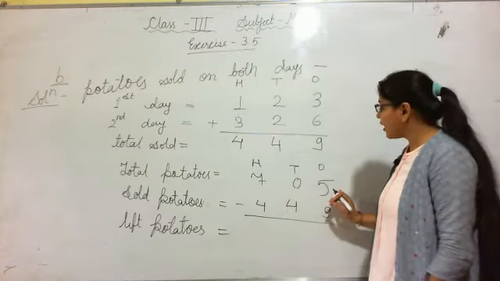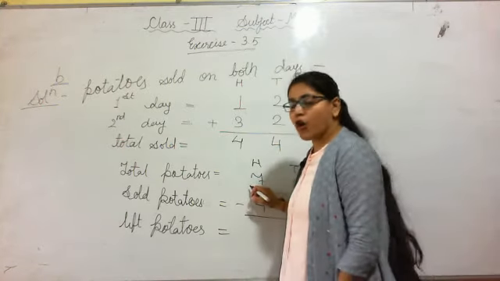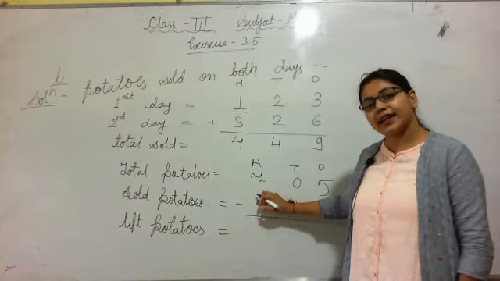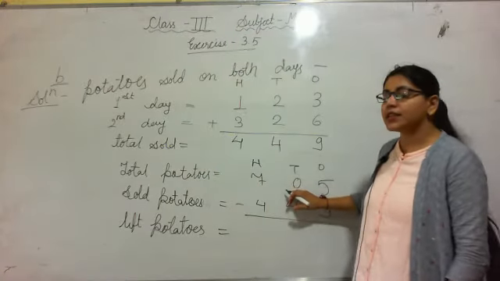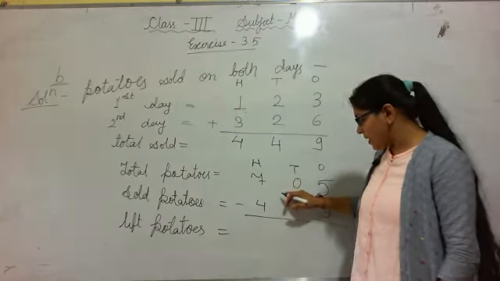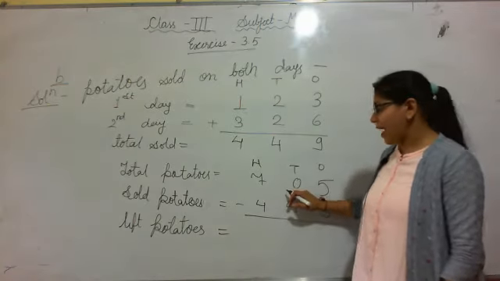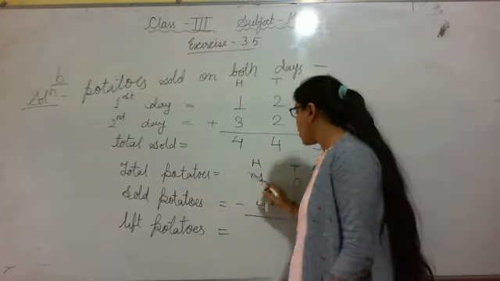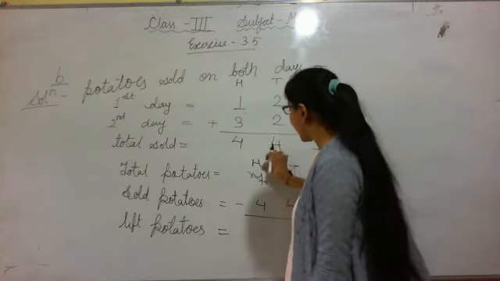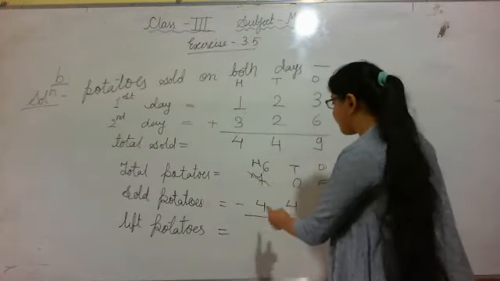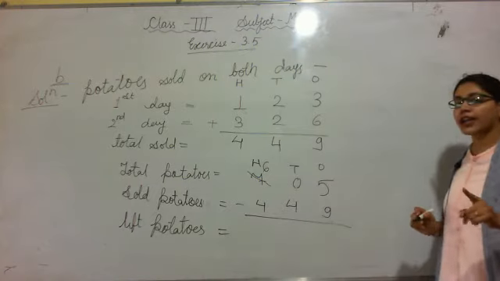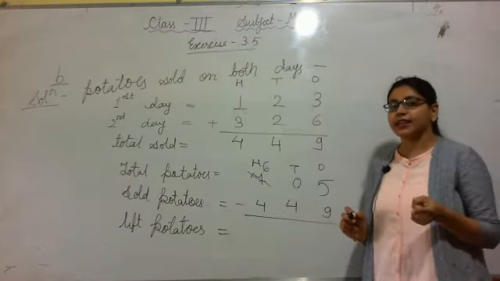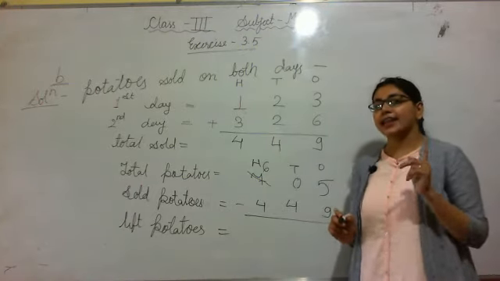So for giving us borrow, this tens place will borrow 100 from the hundreds place, since the tens place is having 0. So this 7 will become 6 and give 100, or 10 tens. 100 is equal to 10 tens.